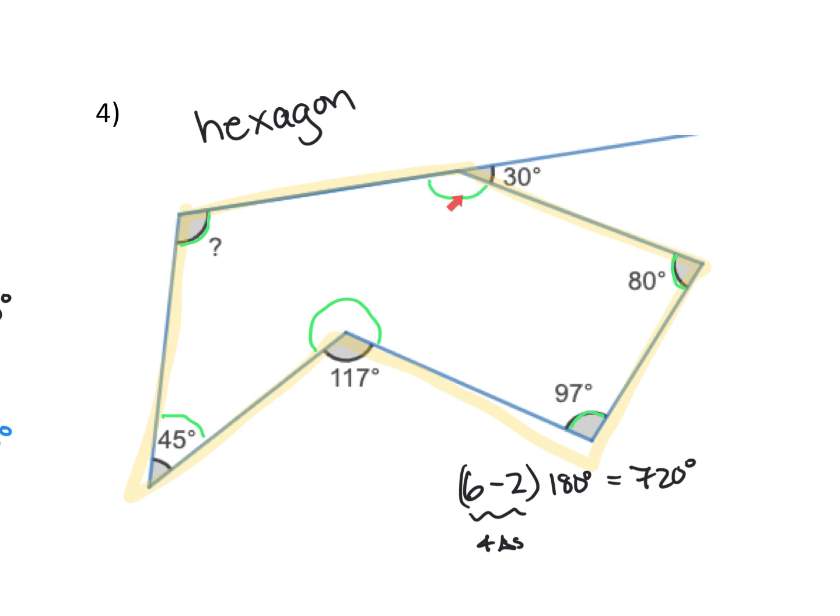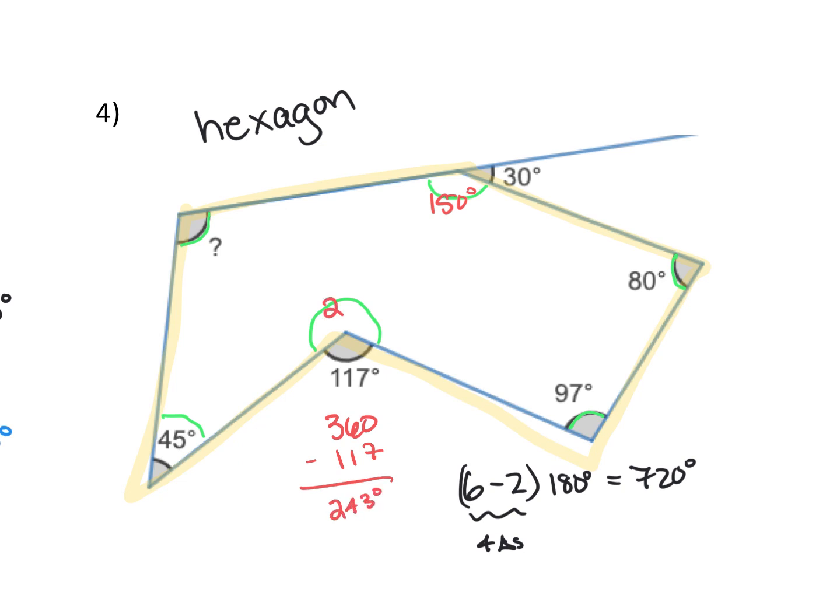I don't know this one right here, so I'm going to use that 30 and take it away from 180. That will get me that this is a 150 degree angle because these two have to add up to 180. And I don't know this one right here, but these two in this case would add up to 360. So I can say 360 minus 117. That would get us 243.